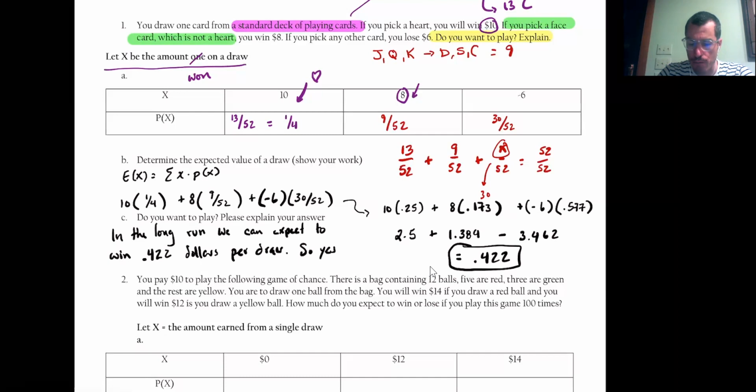I love winning money. Even if I win only a little bit of money every time I draw, I'm just going to draw and draw and draw, so I start to stack up a little bit of money. Keep in mind, that's over the long run. If I play this game 10 times, I've won $4.22. If I play this game 100 times, I'm expected to win $42.20. If I play this game 1,000 times, that's $422.